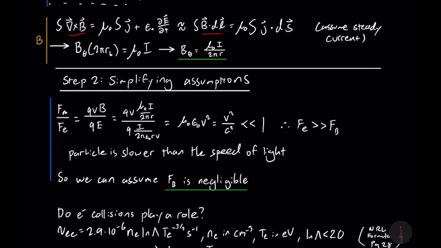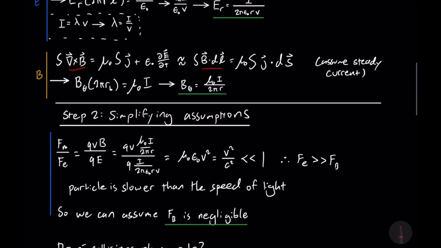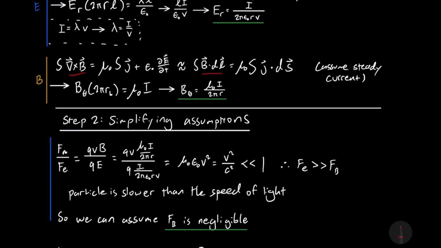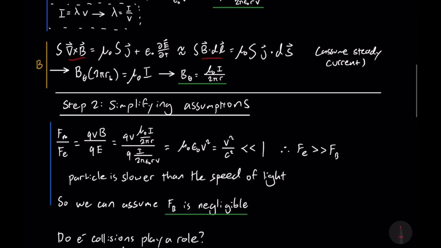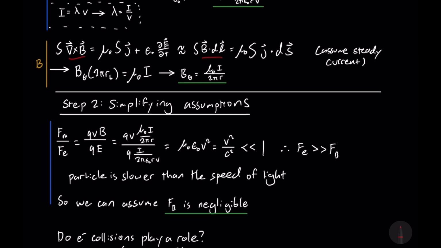So over here, we just plug in the typical equations for the forces, and you can see that we can plug in the relations we got from above. After figuring these out, you get mu e v squared. Mu e has a very famous relation, which is mu e equals 1 over c squared in a vacuum. If this were inside a dielectric material, this would not be the case.